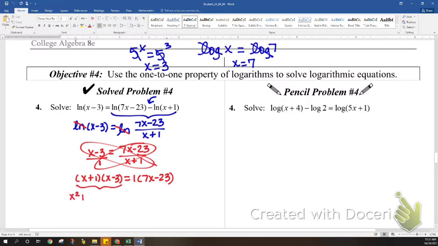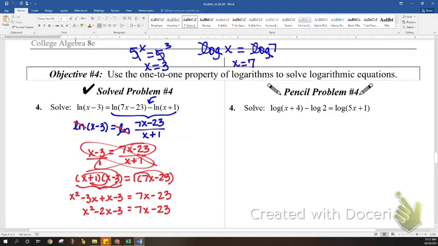So x squared minus 3x plus x minus 3, which gives me x squared minus 2x minus 3. Okay, over here I'm just going to distribute the 1, so I just get 7x minus 23.